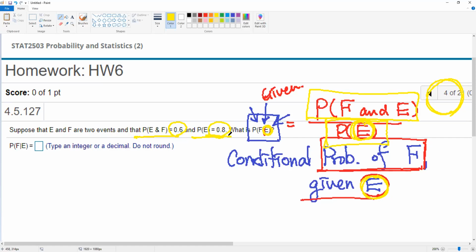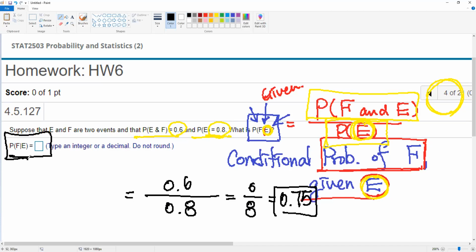E was given, and it is 0.8. So now we simply take the ratio, 0.6 over 0.8. It will be 6 over 8, which as a decimal will be 0.75.